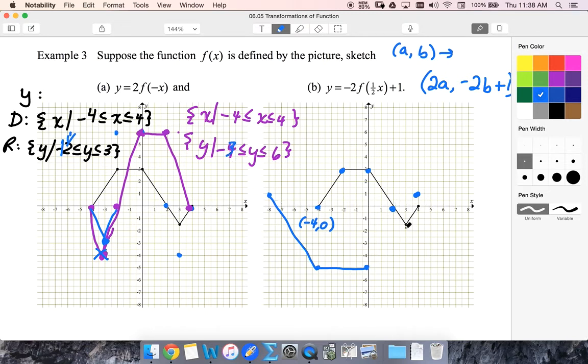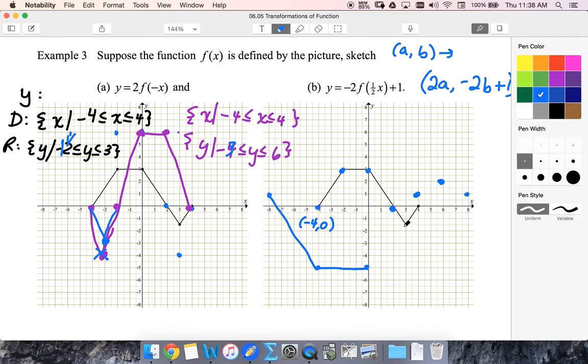So 3, -1.5 again, so that's going to become 6. -1.5 times 2 becomes +1, and then moved up 1 takes it to 2. My last point, 4, 0, that's going to become 8, and then I'm going to move it up by 1, is going to take it to 1. That doesn't make sense. Something went wrong here.